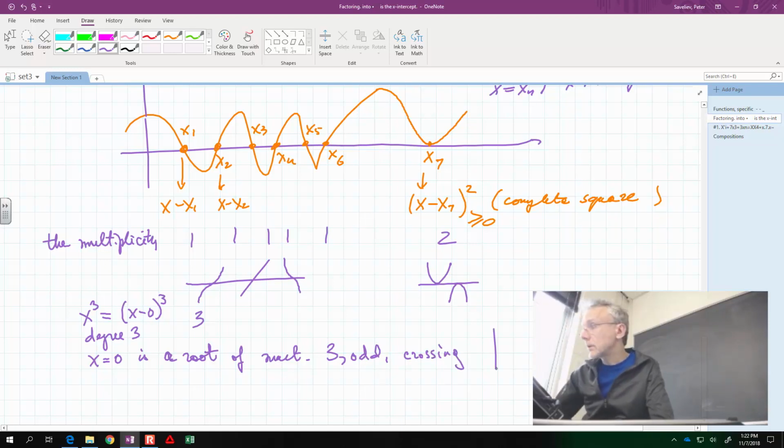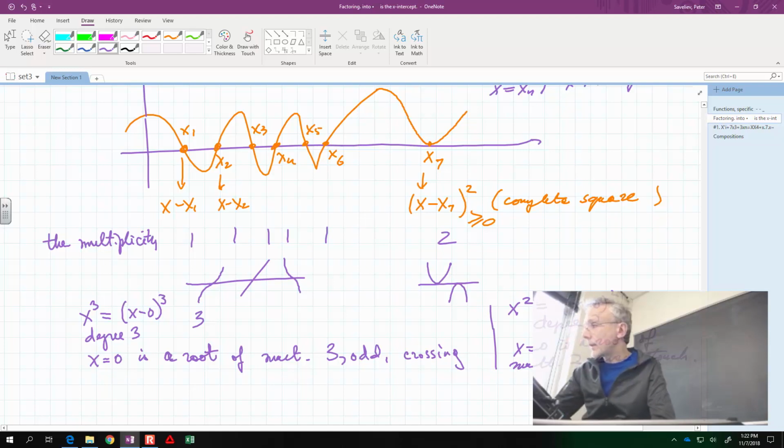Alternatively, x squared is x minus 0 squared, degree 2, x equals 0 is a root, but of multiplicity 2, which is even, so it just touches.